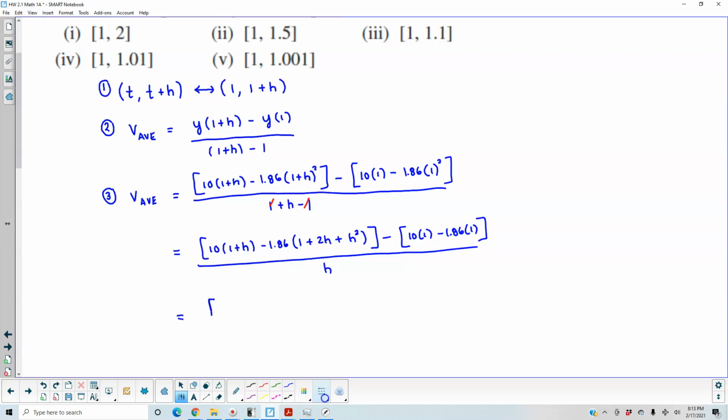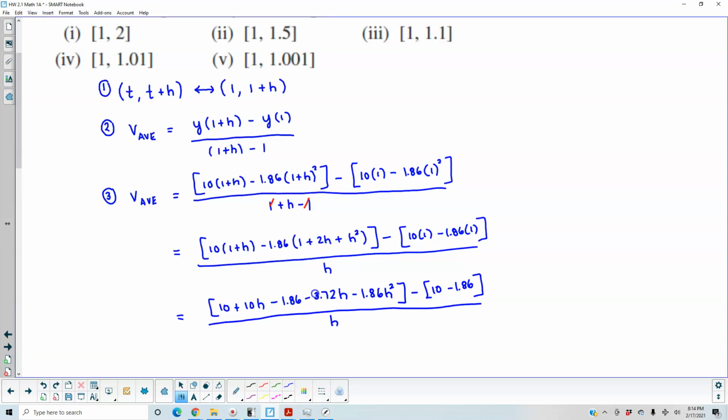So now let's distribute and combine like terms. So we distribute the 10, we get 10 plus 10h minus 1.86 minus 3.72h minus 1.86h squared, and that's minus 10 minus 1.86, divided by h.